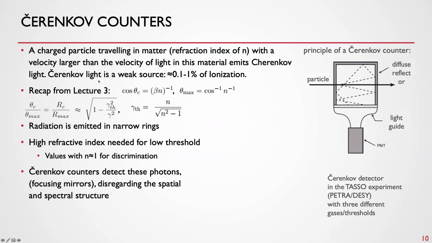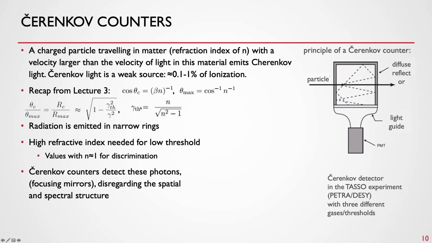If you recap from lecture 3, the Cherenkov angle is given by cos theta equals 1 over beta n, and if the particle moves with the vacuum speed of light through the medium, then the maximum angle under which the Cherenkov radiation can be emitted is given by the inverse cosine of the inverse refractive index. Cherenkov radiation is only emitted above a certain gamma value.